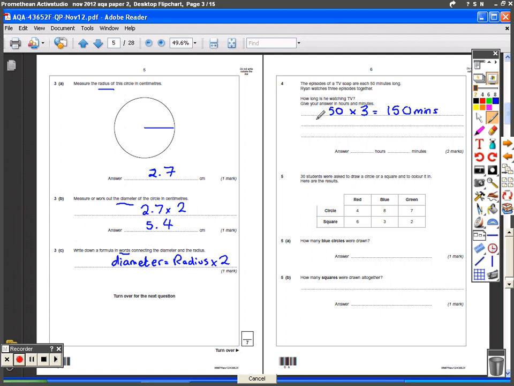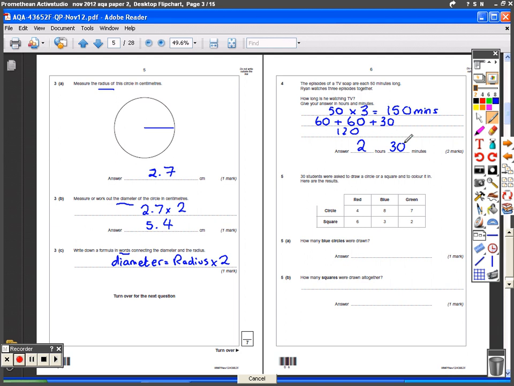We know that there's 60 minutes in an hour, so 60 plus 60 makes 120. Another 60 would be 180, so I can't reach 180 from 150 minutes. So 60 and 60 is 120, which leaves me another 30 minutes. So that's 1 hour, 2 hours, and 30 minutes.